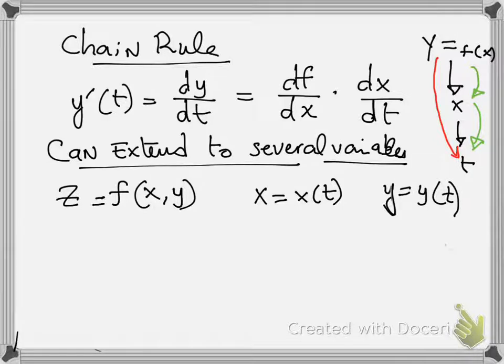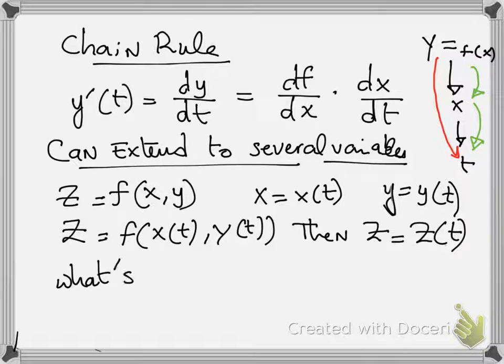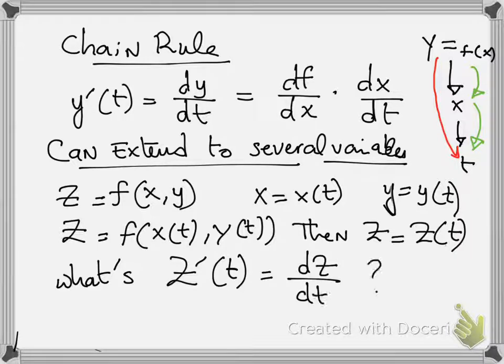Okay, so in other words, z would be f of x of t, y of t. So z is actually a function of t. Okay, so now the question, what's z prime of t? What's dz dt? What's the derivative of z with respect to t?